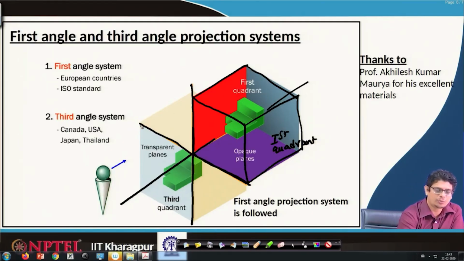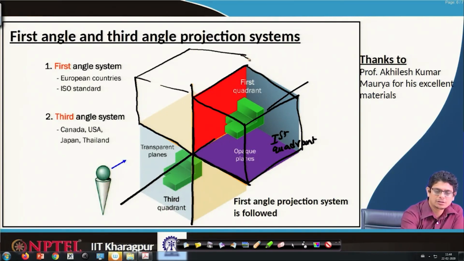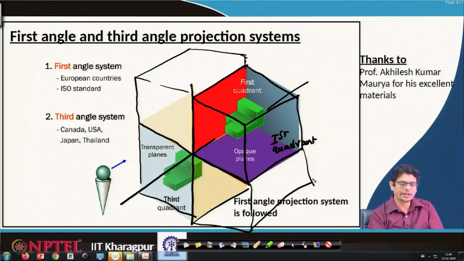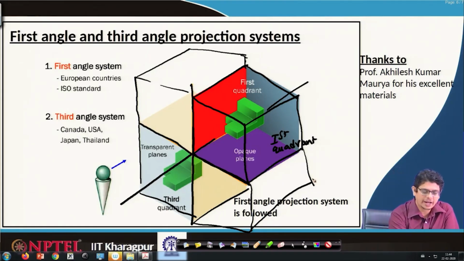Similarly, construct one more box in the second quadrant, and similarly a third box and a fourth box. For drawing, we mainly look at either third quadrant or first quadrant systems.